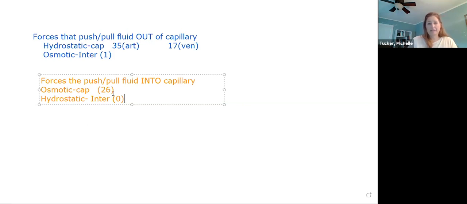And if you notice, it's kind of in between this hydrostatic pressure of arteries and this hydrostatic pressure of veins. And that's going to become important. So the combined value for the force going out of an artery is 35 plus 1.